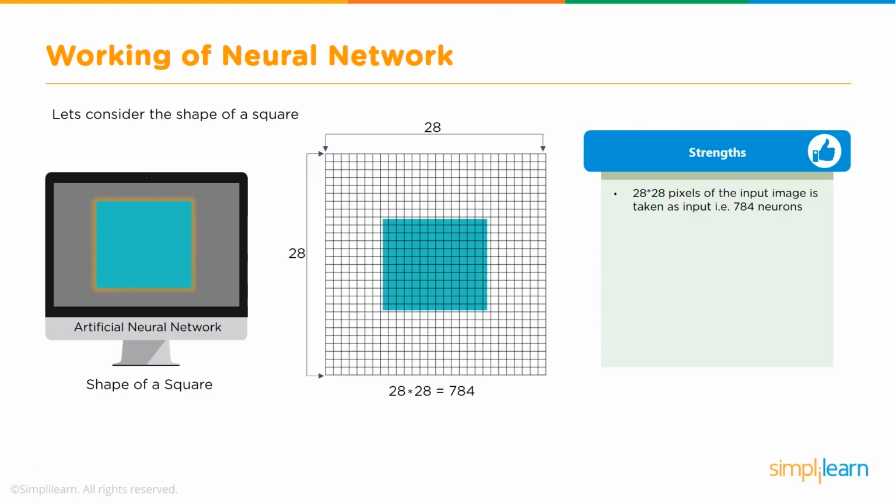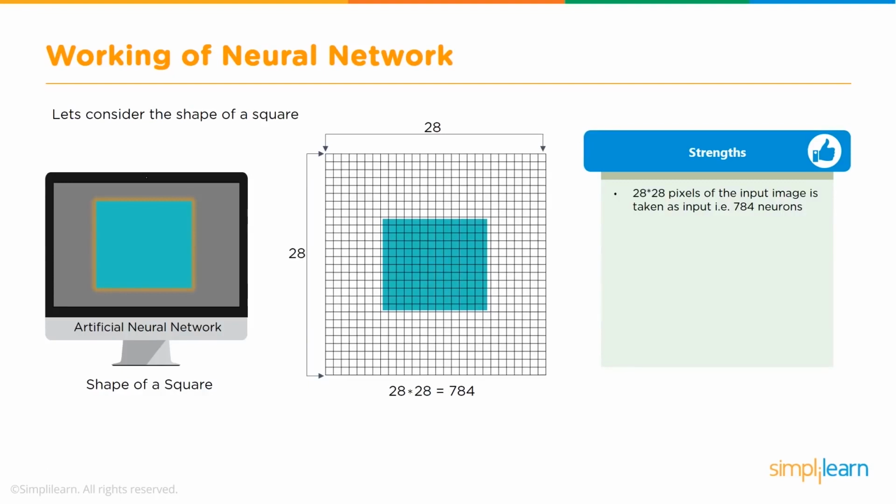And 0 indicates maybe it is black or dark, and 256 indicates it is white or completely lit up. So that would be an indication or a measure of how the pixels are lit up. So this is an image that consists of 784 pixels of information.